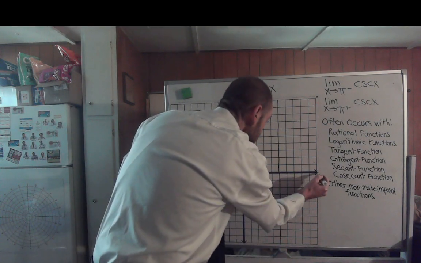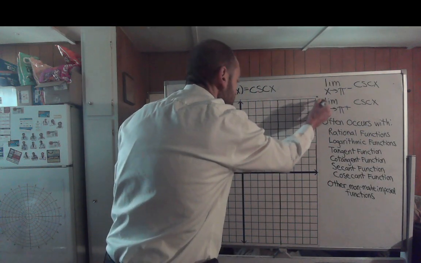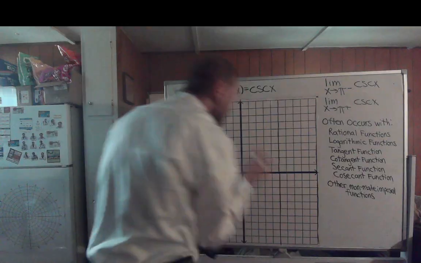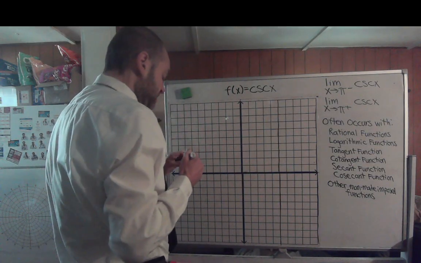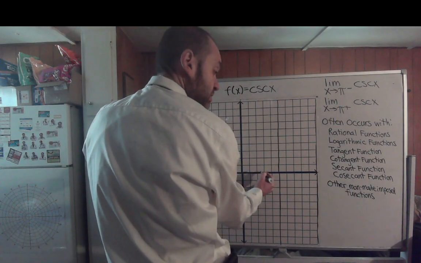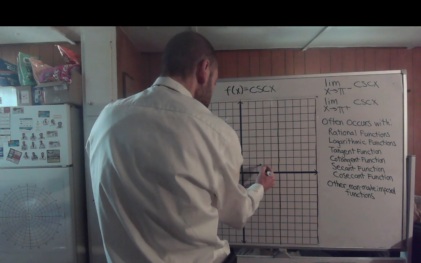And then again at 2 pi, it's the next one. That's your next asymptote. Okay. So here's going to be pi over 2. The cosecant of pi over 2 is going to be 1.